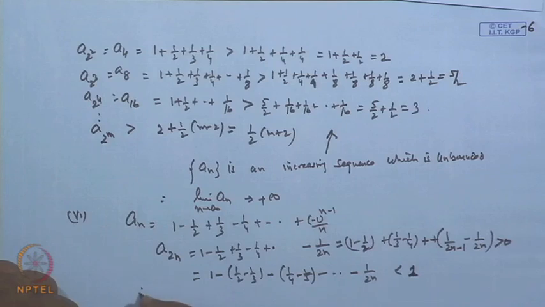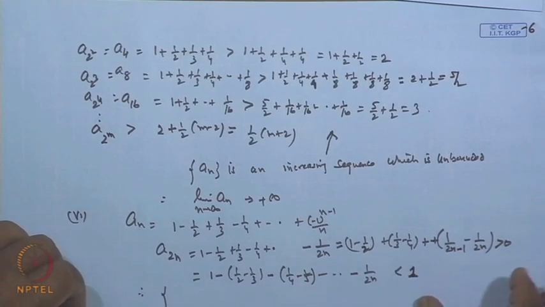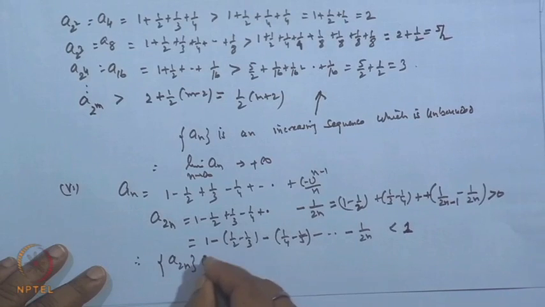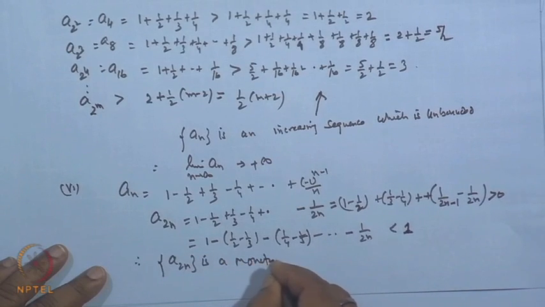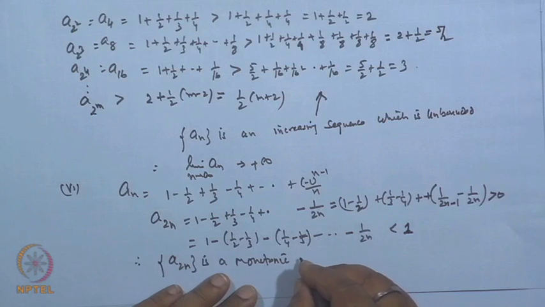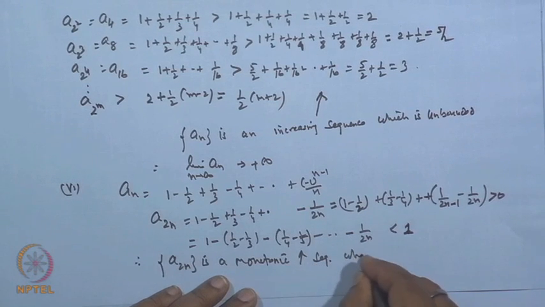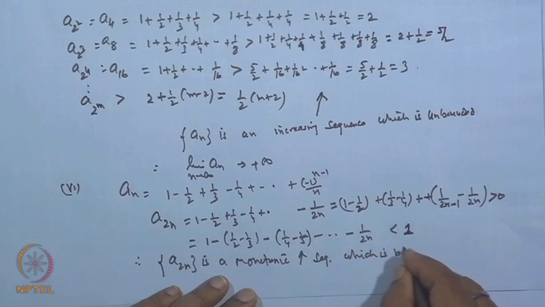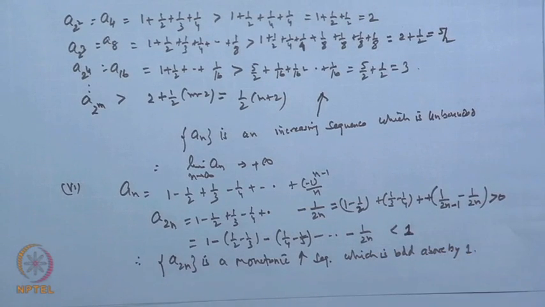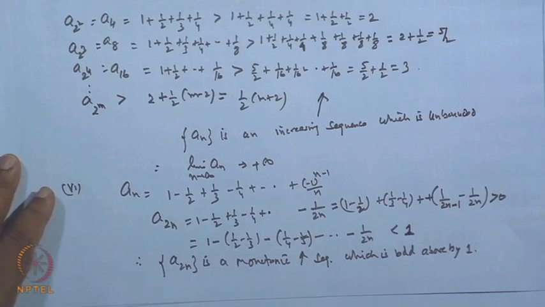So, this shows the sequence a_2n is a monotonic increasing sequence which is bounded above by 1.